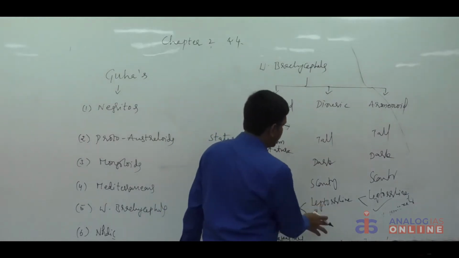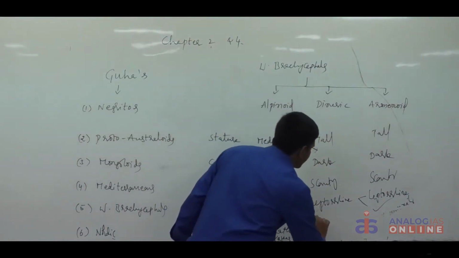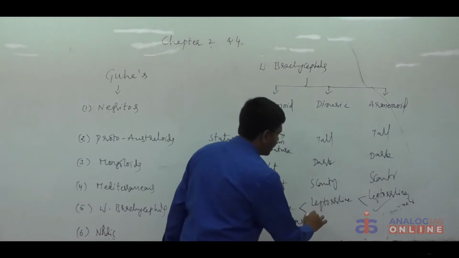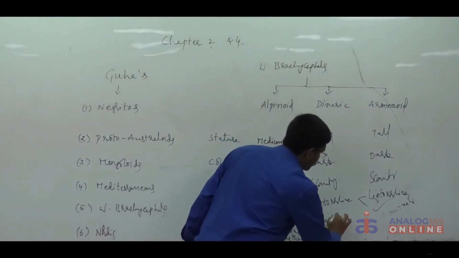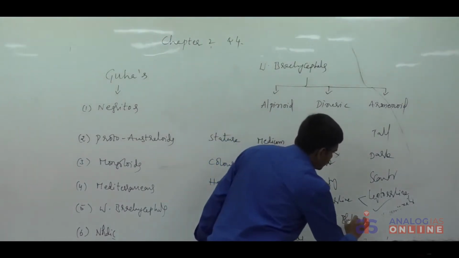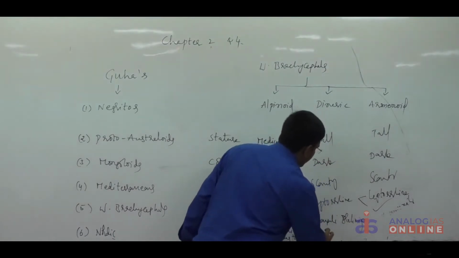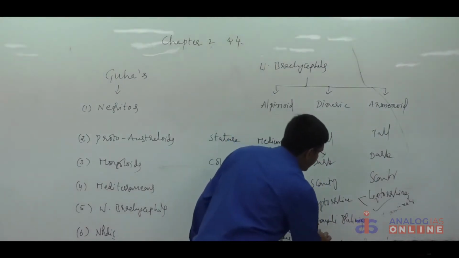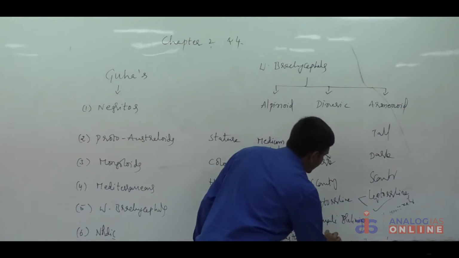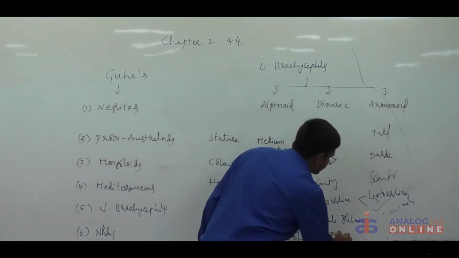Then with respect to the Dinaric element, we can come across the Dinaric element in Bengali Brahmins and Kannada Brahmins. That means Canarese Brahmins or Kannada Brahmins.